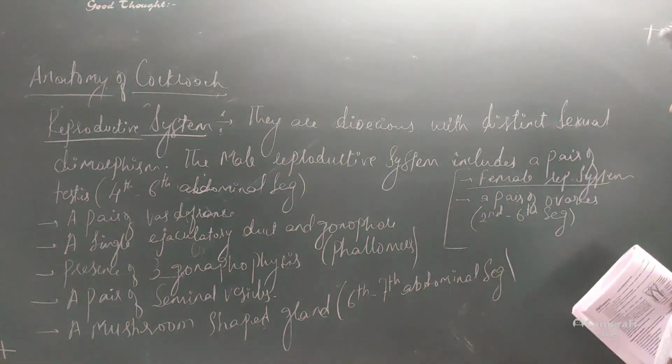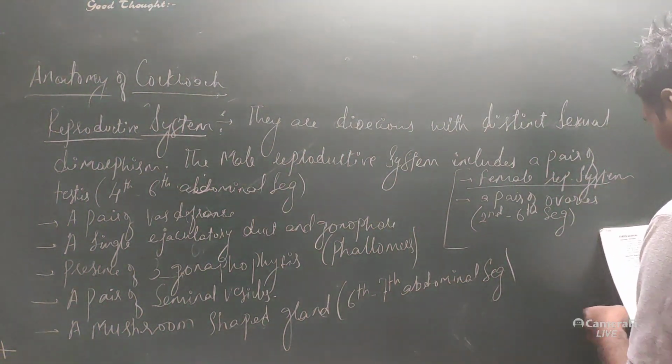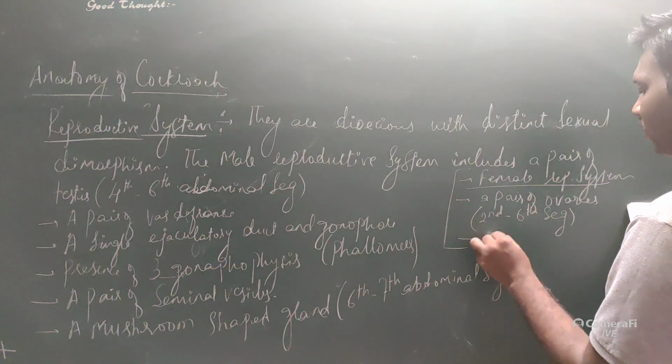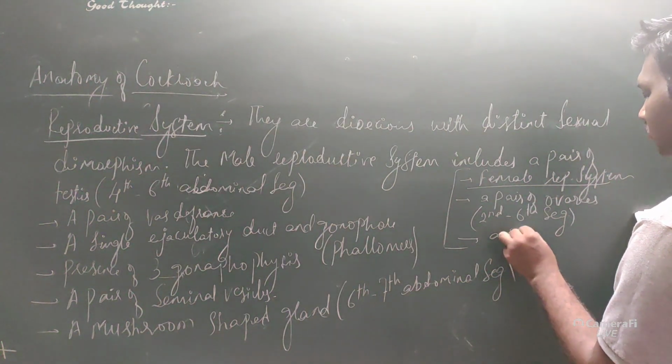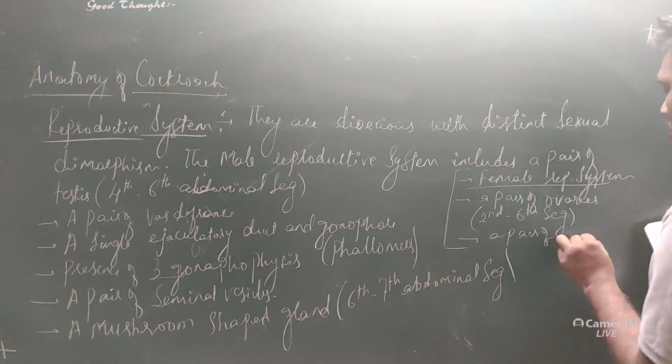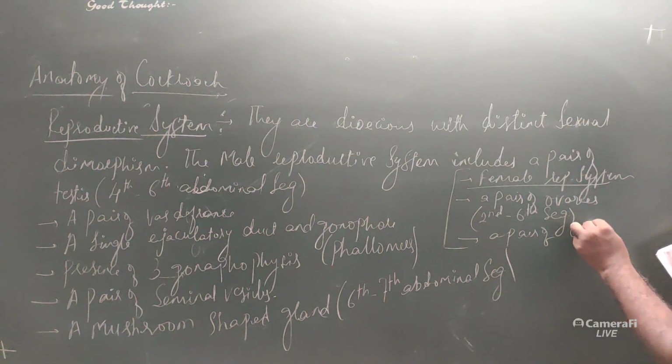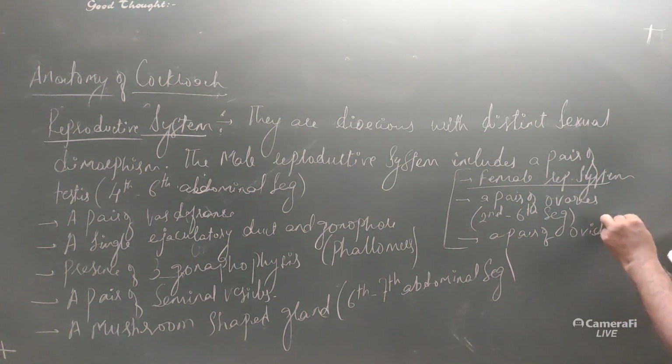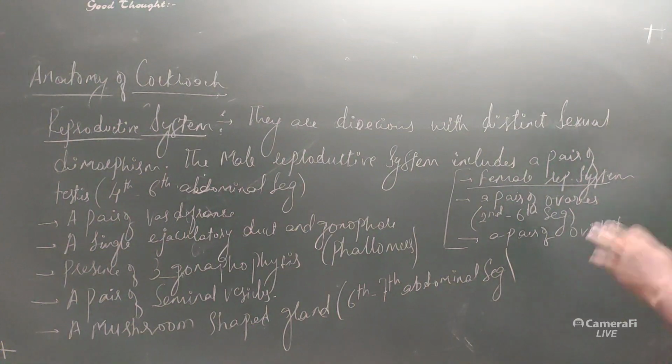So there is the presence of a pair of ovaries and a pair of oviducts. So please guys, remember these segments.